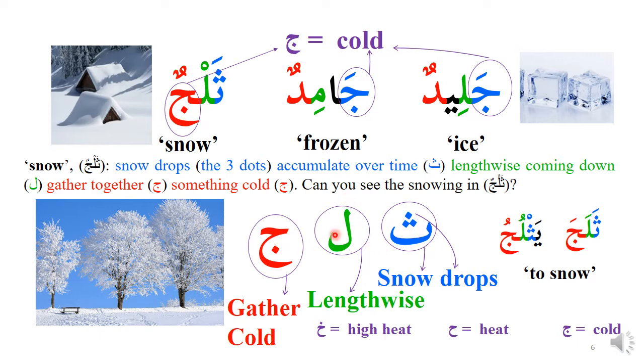The Lam is lengthwise, the snowdrops come lengthwise, and Jim means gathered together, and cold. Both are used here for the Jim meaning. So remember this common thing: Jim would mean something cold, Ha would mean something related to heat, and Ha would mean high heat. You should be able to see the snow accumulating if you look closely at these three letters that constitute the word for snowing.